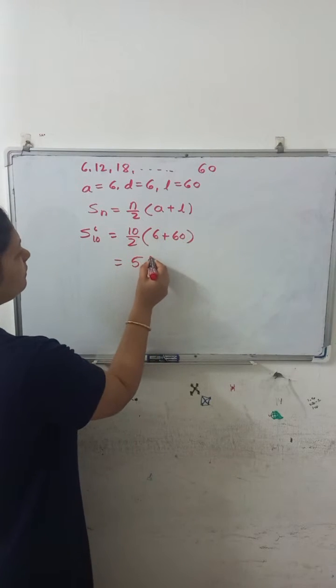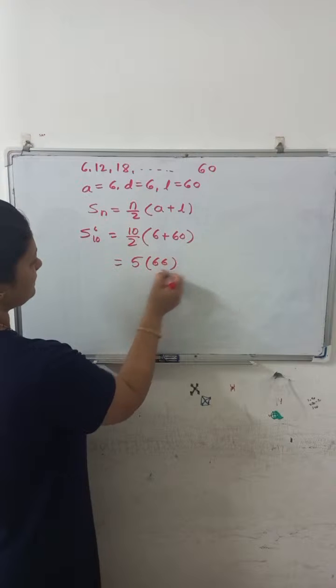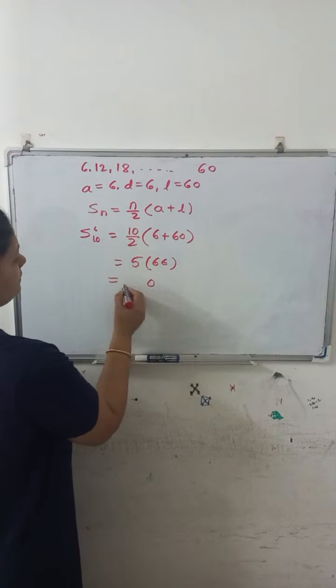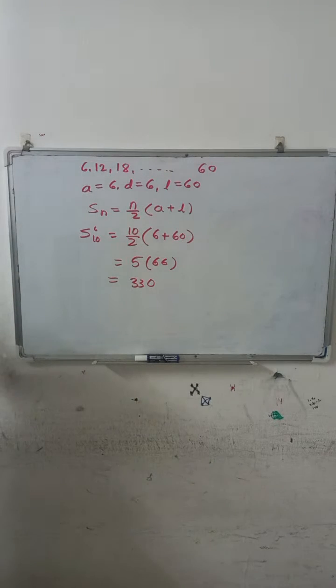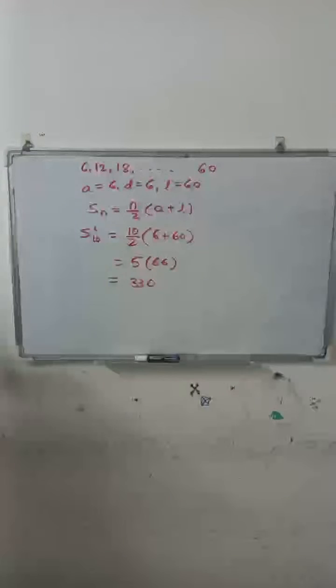So here 5 inside the bracket 66. 330 is the sum. Can you get the problem?